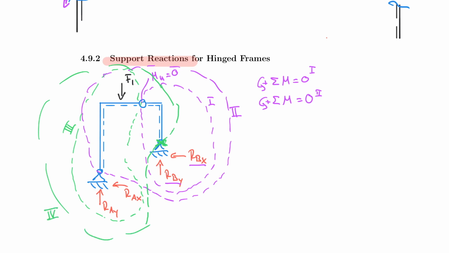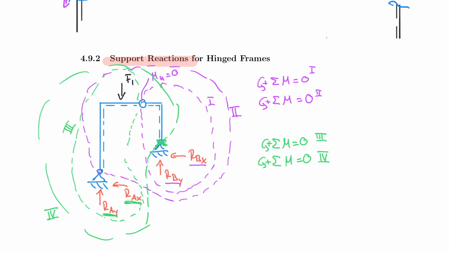And so if I now use the sum of the moments is equal to 0 for cut 3, and then use the sum of the moments is equal to 0 for cut 4, then I can solve for RAX and RAY simultaneously. But I cannot mix the two.